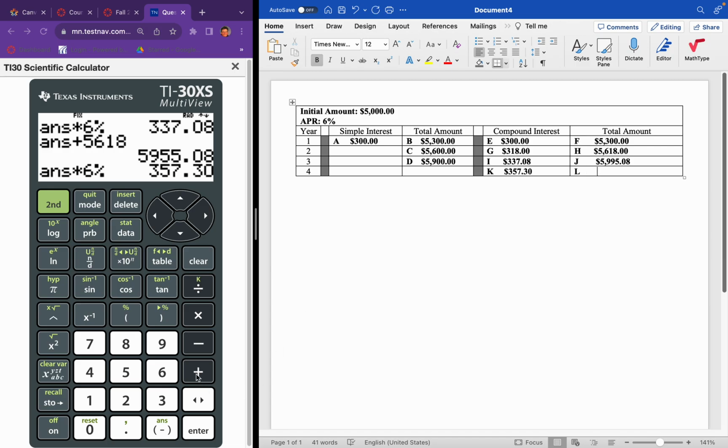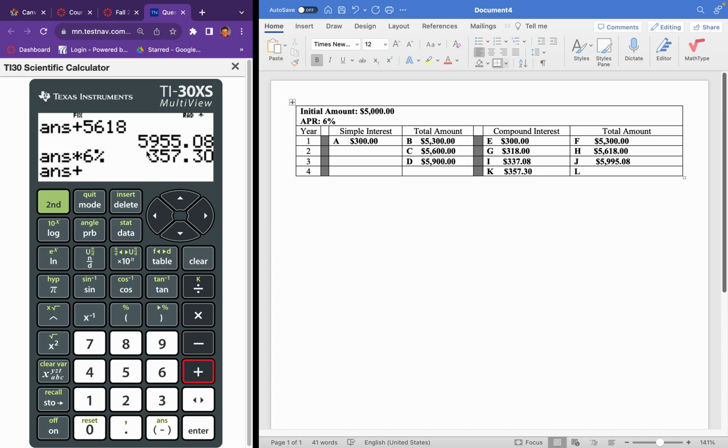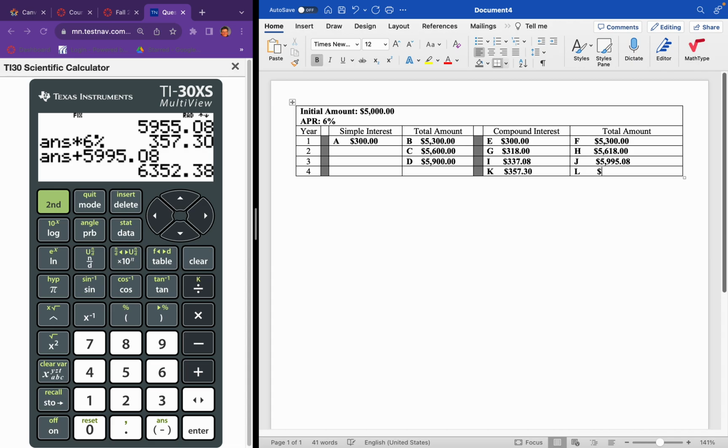So then we're just going to go plus, and we're going to add it to $5,955 and 8 cents. And find out that at the end of 4 years, we will have $6,352.38. So you see it's growing faster because it's compounded interest. Compounded interest uses these numbers to find the interest, whereas simple interest uses only this number.